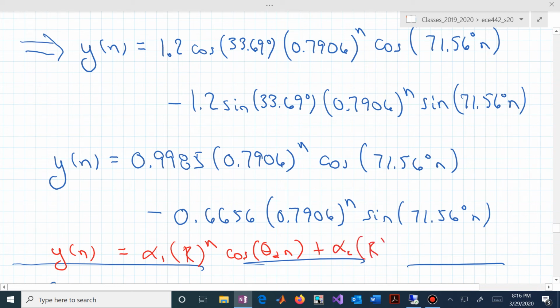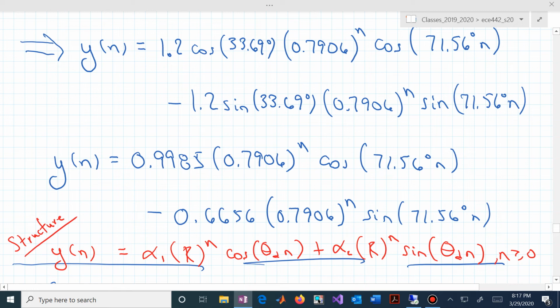I would want you to find r and theta sub d, but you wouldn't have to find alpha 1 and alpha 2. This is the structure.